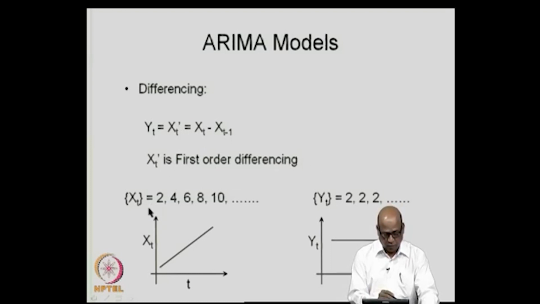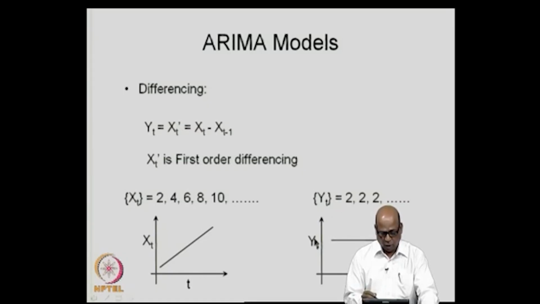What does it do? For example, if you have a series like 2, 4, 6, 8, 10, 12 and so on, if you plot x t versus t, you have an increasing trend in the data. Let us say I do the first order differencing here, then what I will get is 4 minus 2, 6 minus 4, 8 minus 6, 10 minus 8, etcetera. So, the new series will consist of 2, 2, 2, 2 and so on.